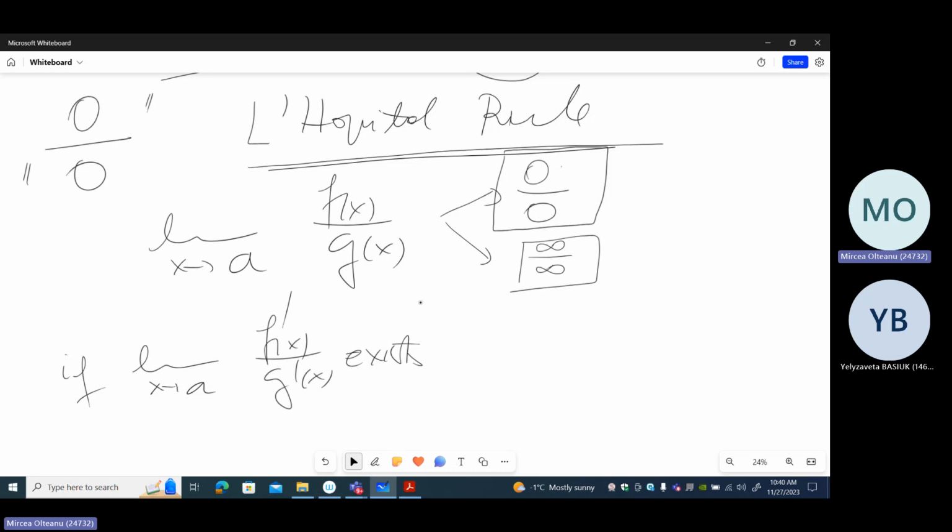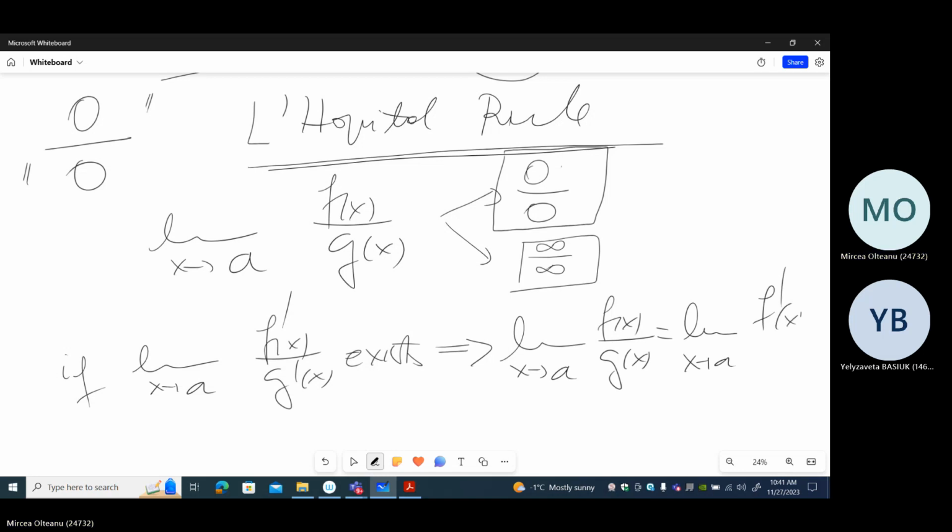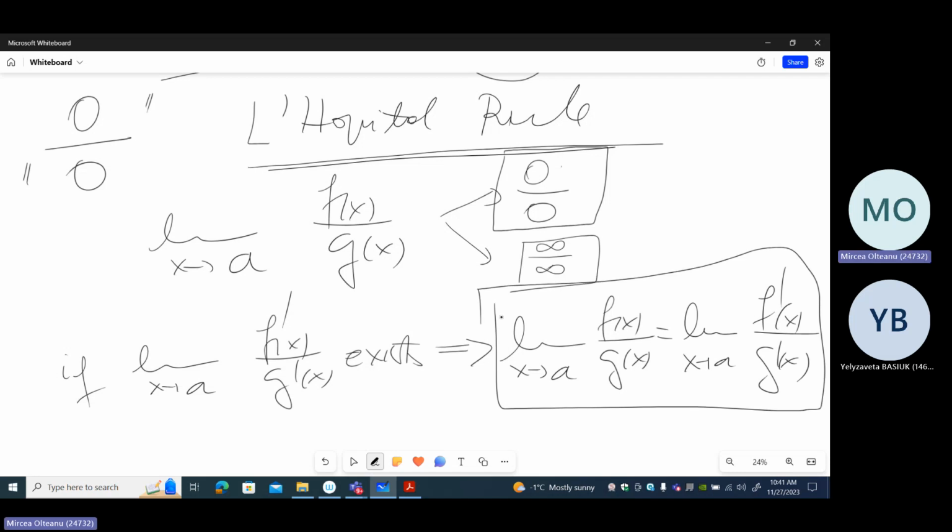Yes, remember. But in most cases, this one exists. Then our limit, this one, equals the limit of the ratio of the derivatives. Actually, this is the L'Hopital rule. This is how we usually remember it.